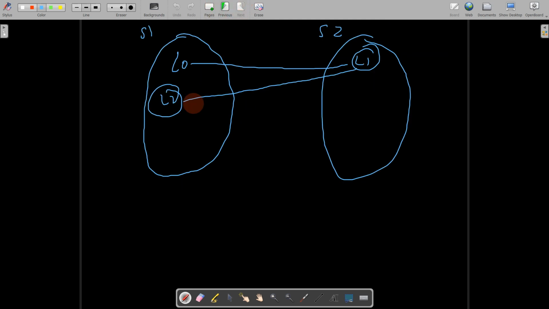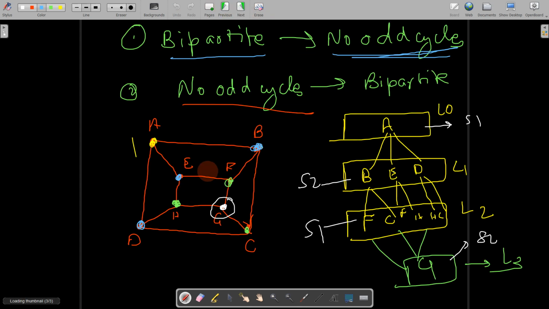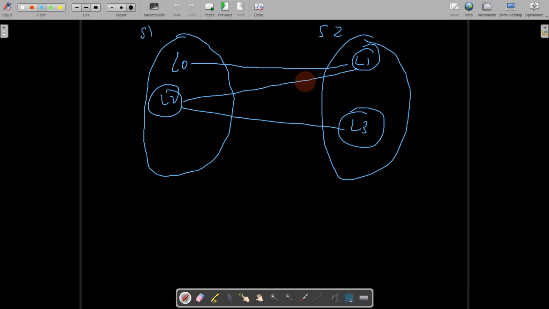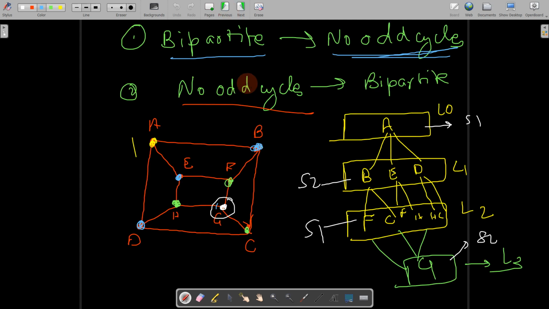And level 2 has direct edge with level 3. And level 3 was our white one. White does not have a direct edge with the blue ones. So we can put it over here like this. So yes, if our graph doesn't have any odd cycle, it is bipartite.